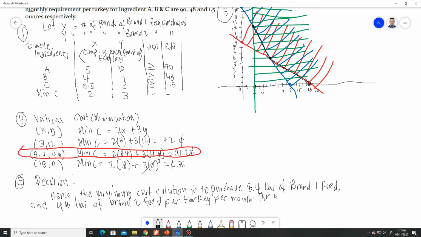This will yield a minimum cost of 31.2 cents per turkey.